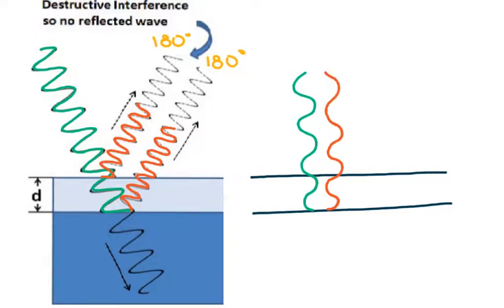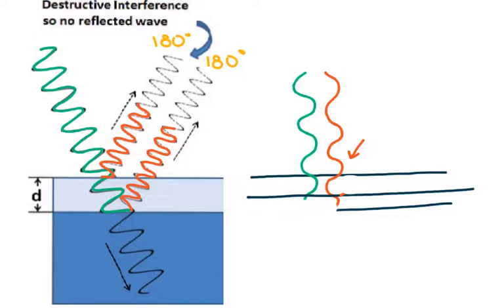Okay. Now, what if I change my thickness? What if I make this thickness not this way, but this way? Then when it reflects back, I'm going to give it a space. So this part doesn't exist now.